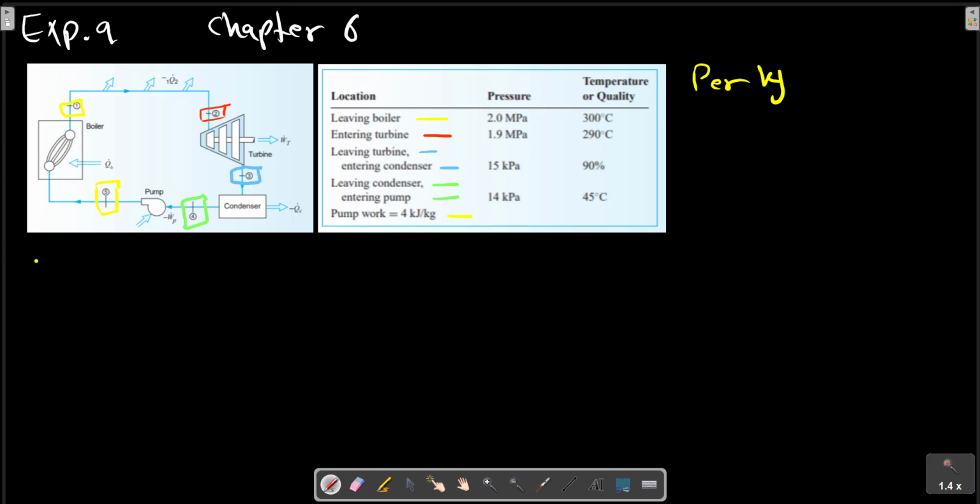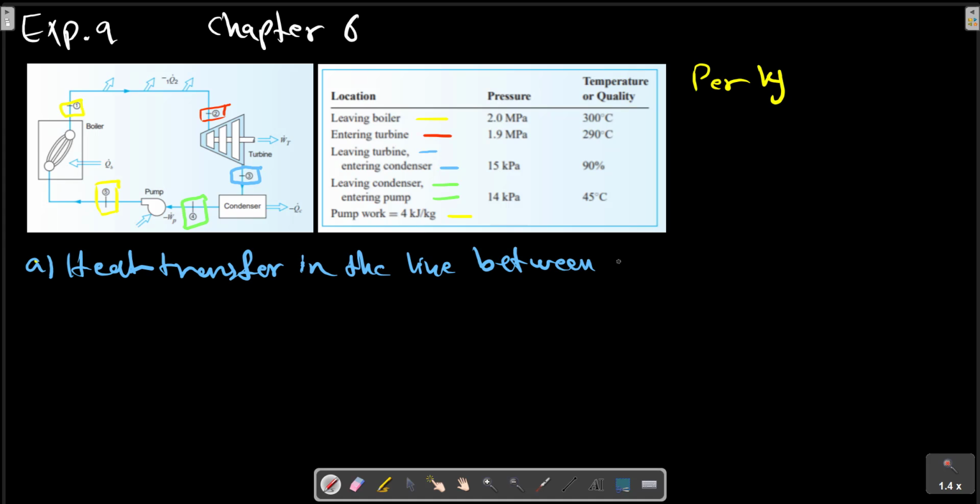Determine A: heat transfer in the line between boiler and turbine, this line.